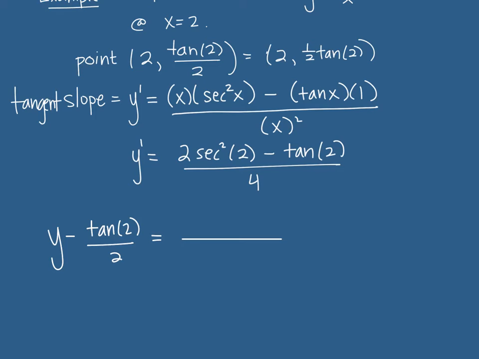So what's the easiest way to write that? Okay, flip it. 2 secant squared of 2 minus tangent of 2, and then make a negative. So it'll be negative 4 in the numerator. You don't have to do it, it's not super complex. And then times x minus 2. And that's our normal line. We don't have to distribute it, we don't have to clean it up unless specifically told, please round to the nearest third decimal or whatever, then you could.